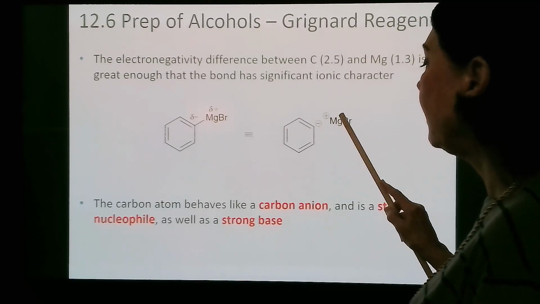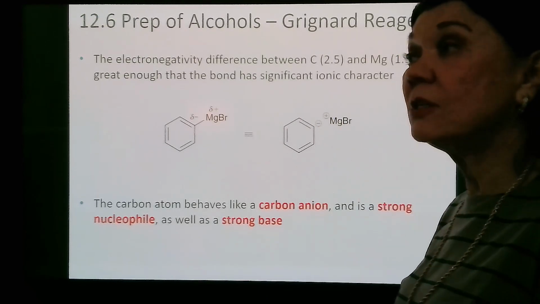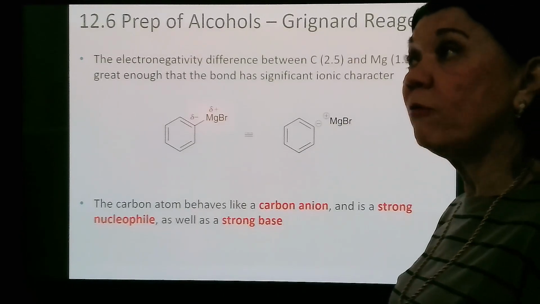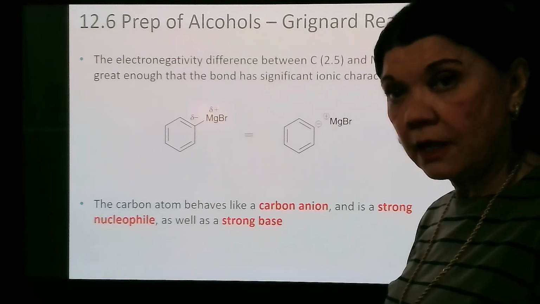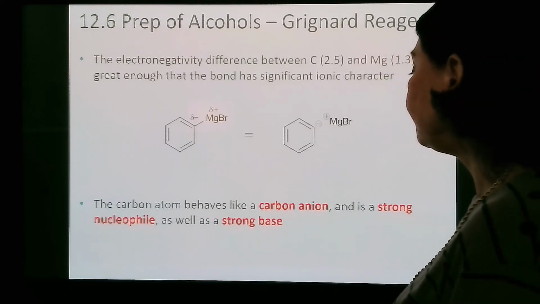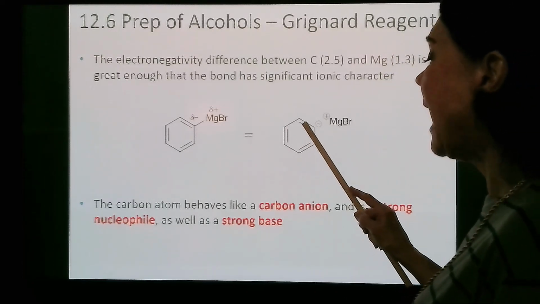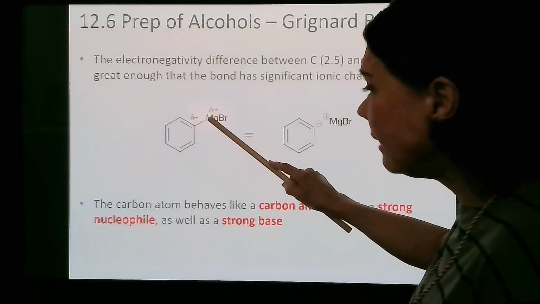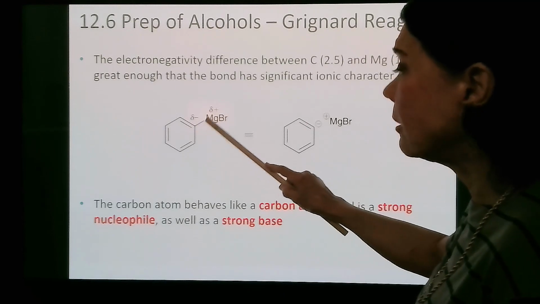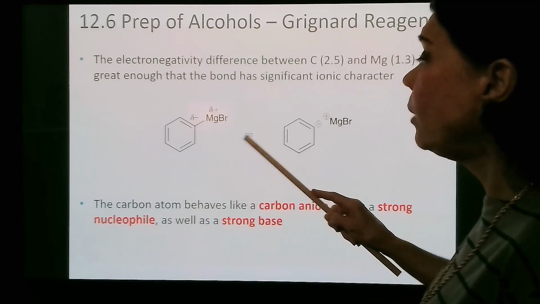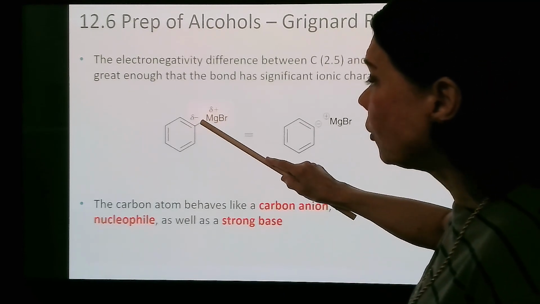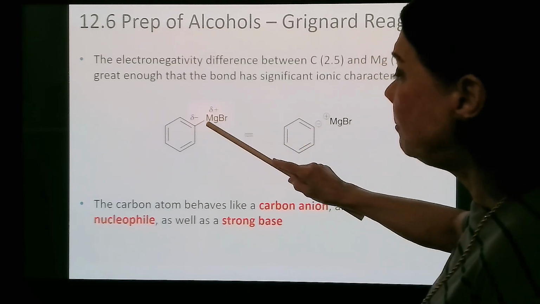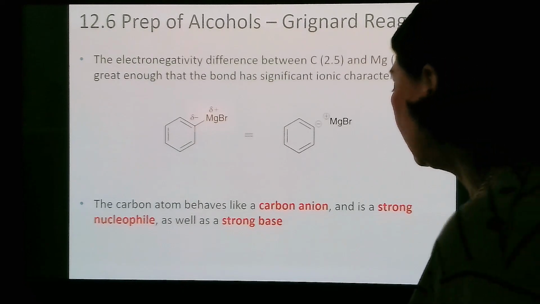In other words, the carbon-magnesium bond has some ionic character and some covalent character still left to it. But this behaves as a carbon anion, even when it's drawn like this, and it would be better to draw it like this. And so then when it reacts, you would start your arrow here at this carbon-magnesium bond and draw it to depict the nucleophilic attack that way.